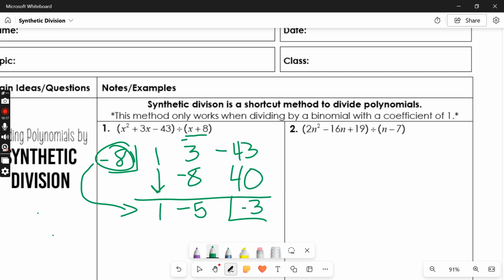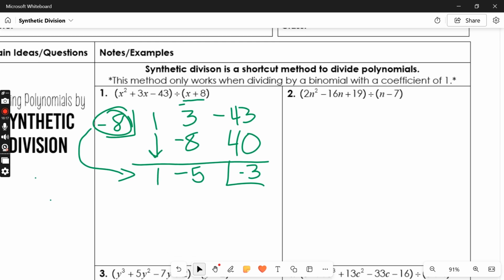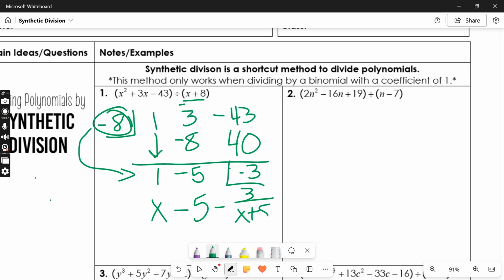Now I put that one in a little box also because that's our remainder. So after I'm done dividing, I do have to write this back as a polynomial, not just numbers. I had x squared divided by x, so this would be, you can write it as 1x or just x, minus 5, and then since this is negative, minus 3 over x plus 8.